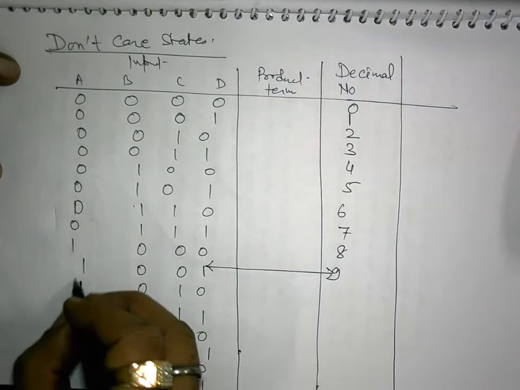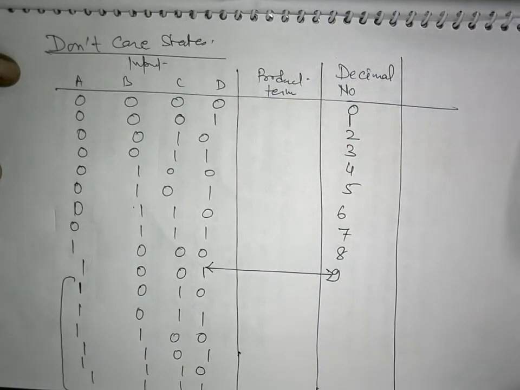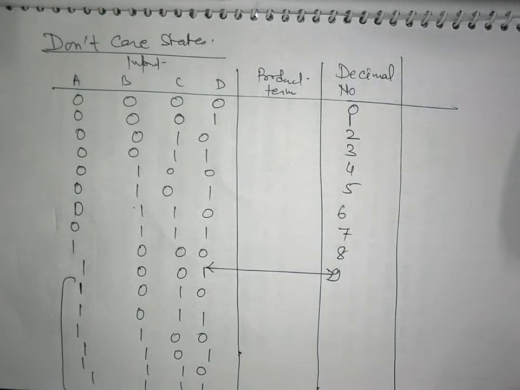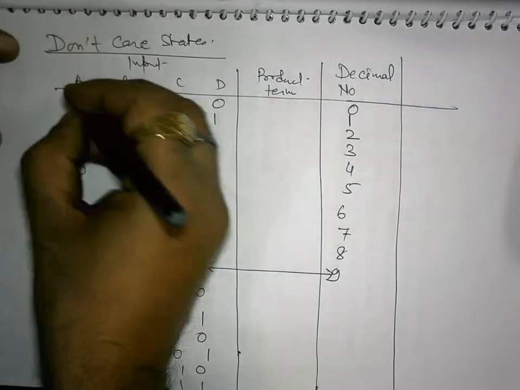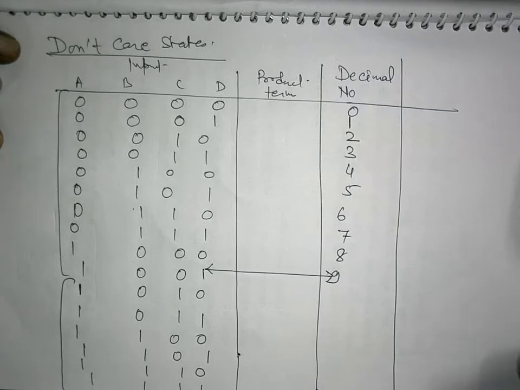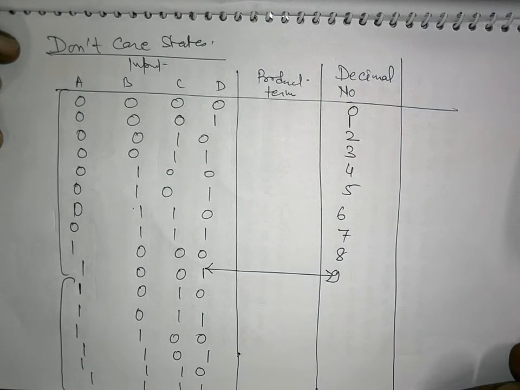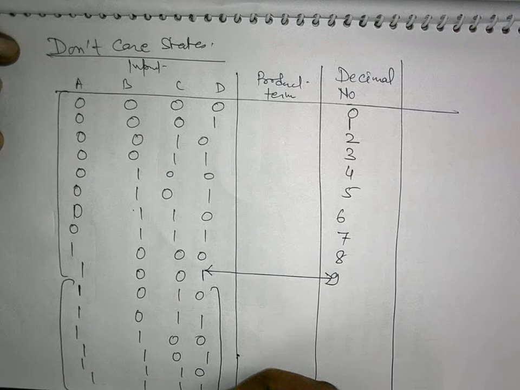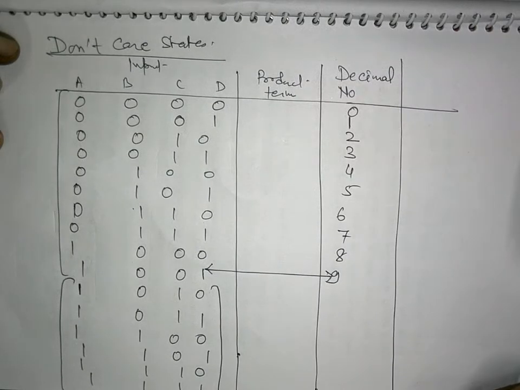So for these 6 patterns, we don't have any defined decimal. Okay, this is binary coded decimal. So this is not a valid binary coding for any particular decimal.